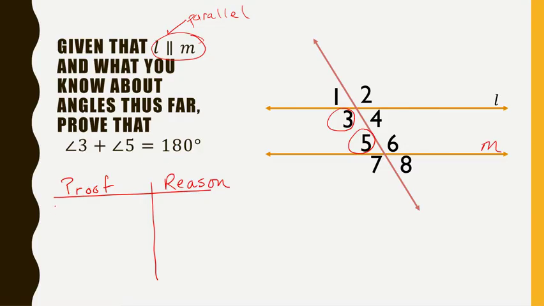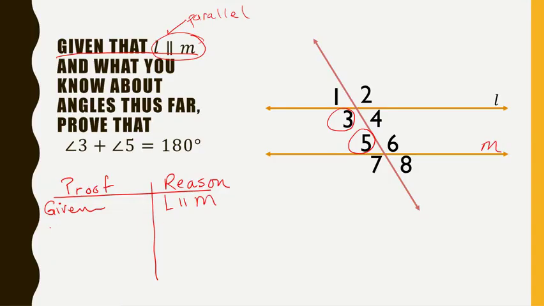So when you're doing a proof, in the given there are different ways you can do this. They told us that line L is parallel to line M. That's in the given.